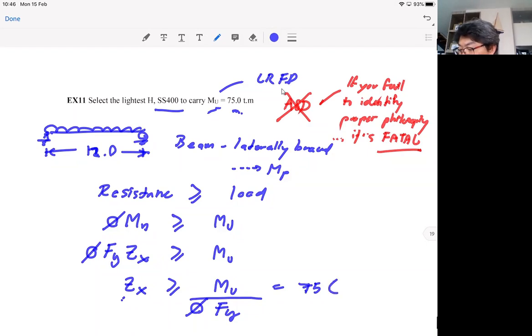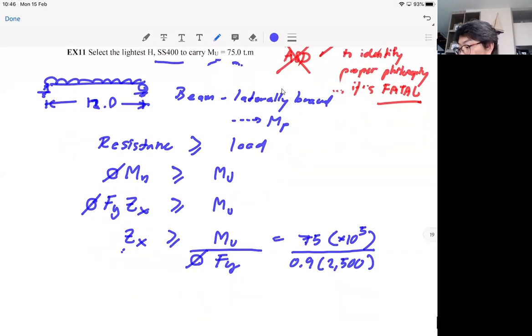I can easily do that by multiplying with 10,000 divided by 0.9, and my Fy is 2500 kilogram per square centimeter. And I get this equal to 3330 cubic centimeter.